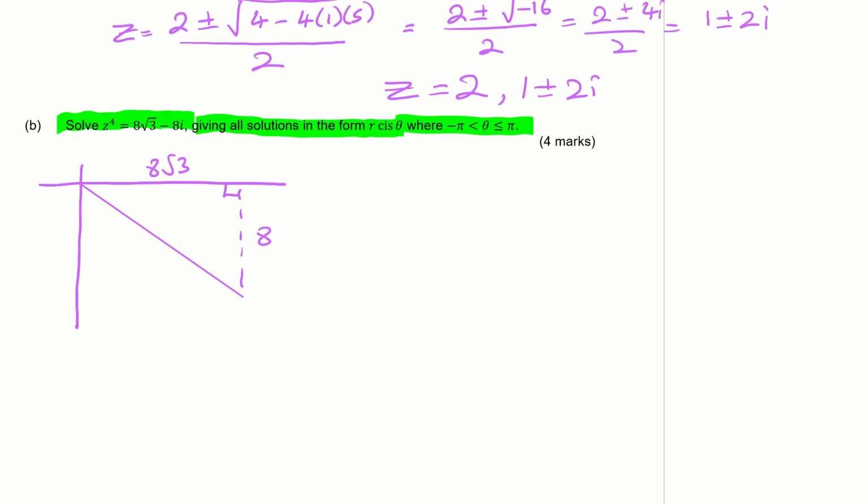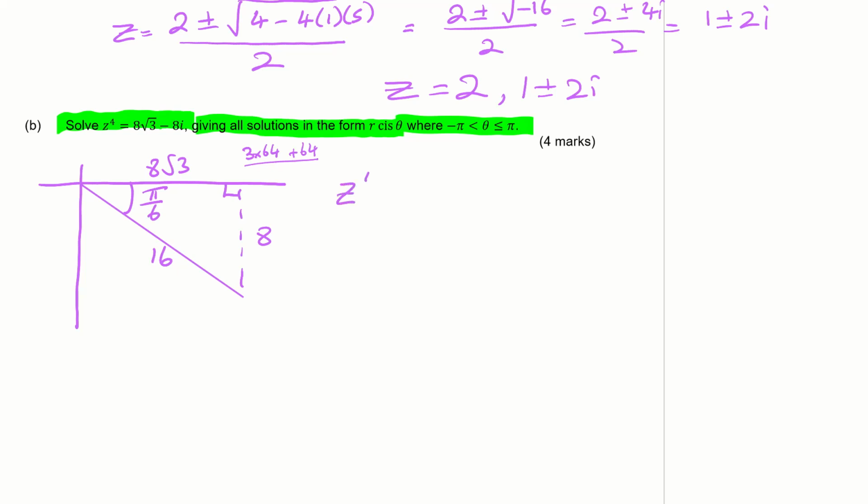So that would give us, using Pythagoras' theorem, 3 times 64 when we square that one, plus 64. So it's 256, square root that, and we get 16. And then the angle here would be pi by 6.